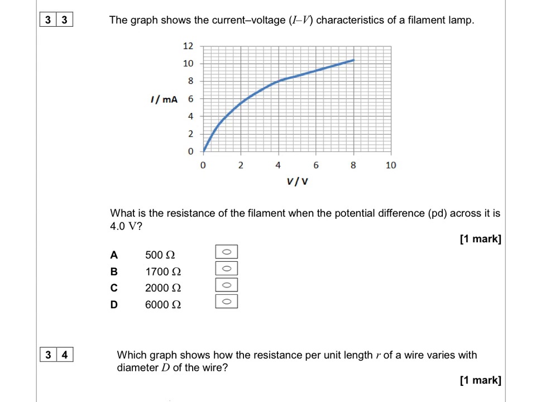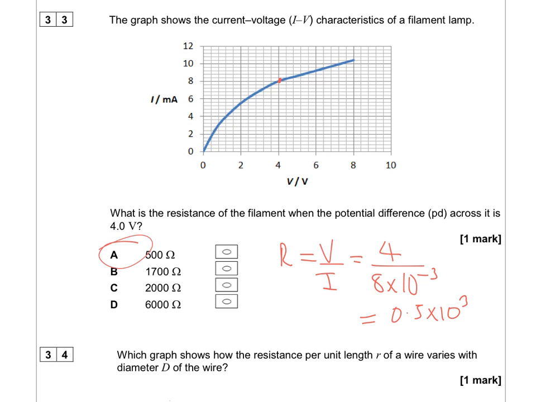First thing we need to do is look at the two readings, because remember, resistance is V over I. Potential difference reading is 4. The current reading is 8 times 10 to the minus 3. So it's going to be 0.5 times 10 to the 3, or 500 ohms. So answer number A.